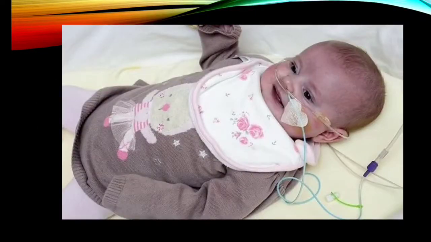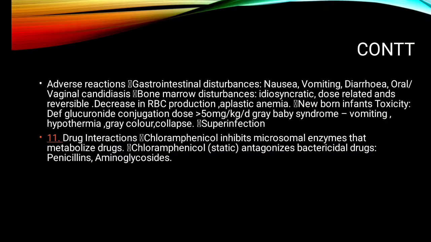This is a baby having the symptoms of gray baby syndrome. This is the major ADR of chloramphenicol when used in children. With the continuation of chloramphenicol, its ADRs are gastrointestinal disturbance, that is nausea, vomiting, diarrhea, oral and vaginal candidiasis, bone marrow disturbance, dose related and reversible, decrease in RBC production and so on.